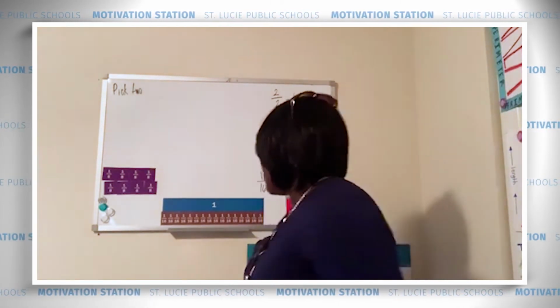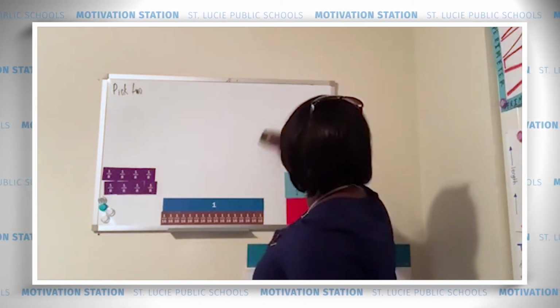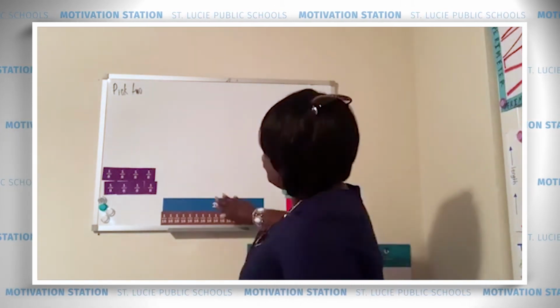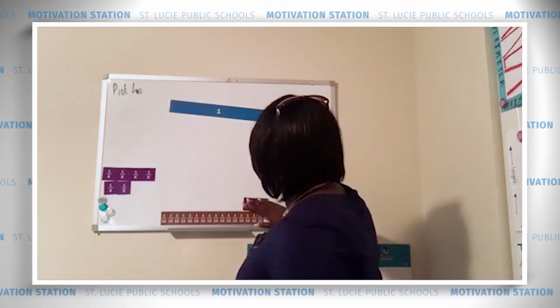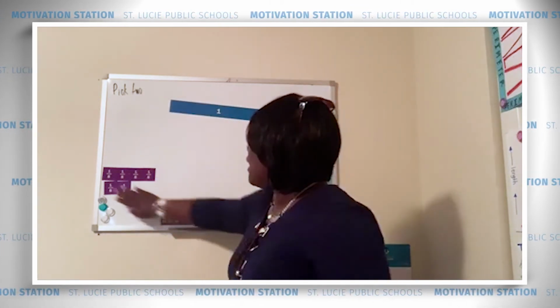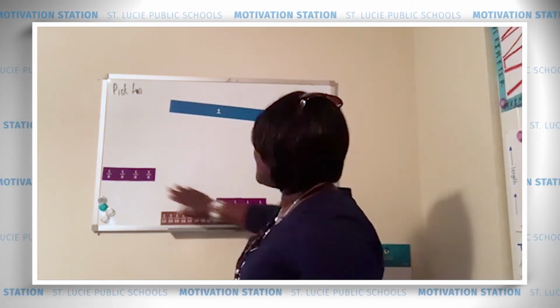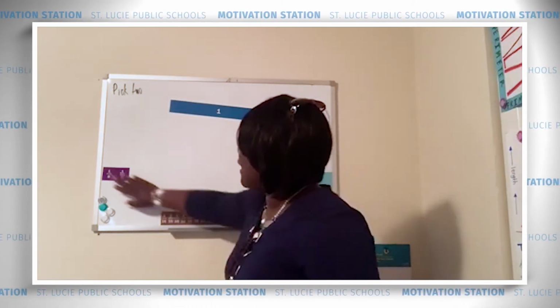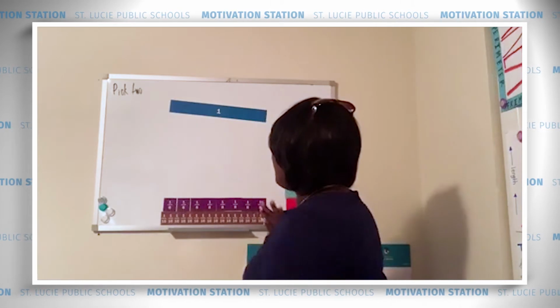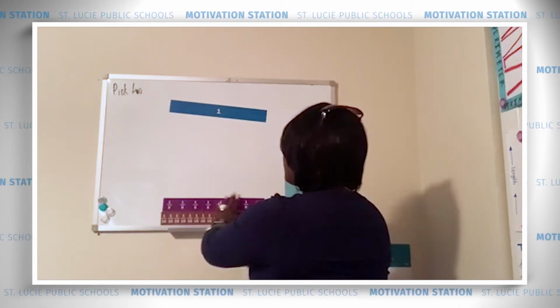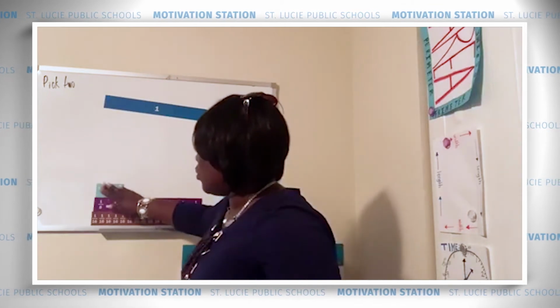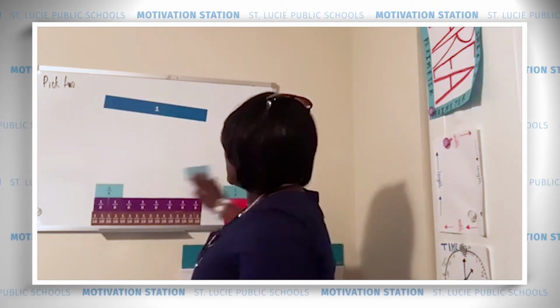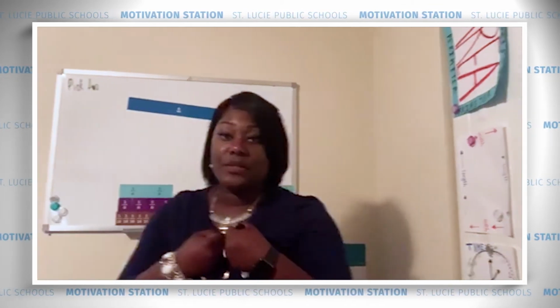Okay, so we've gotten the basics underway. We're going to go ahead and get into the game called Pick 2. Now remember, in this lesson, we are learning how to combine fractions. When you think about combining numbers or fractions, combine means to join together.